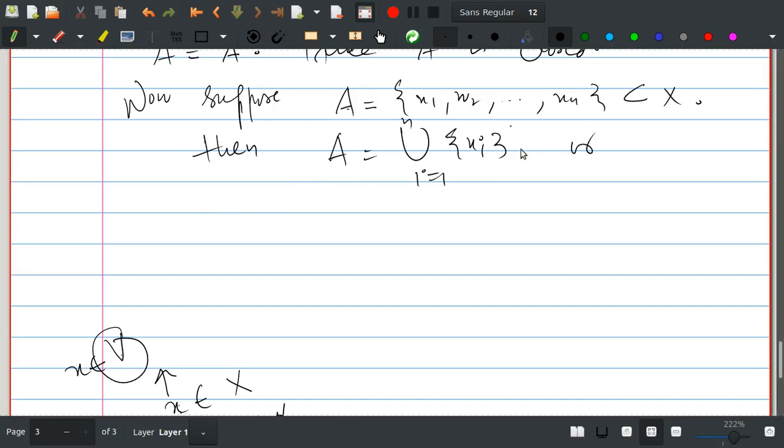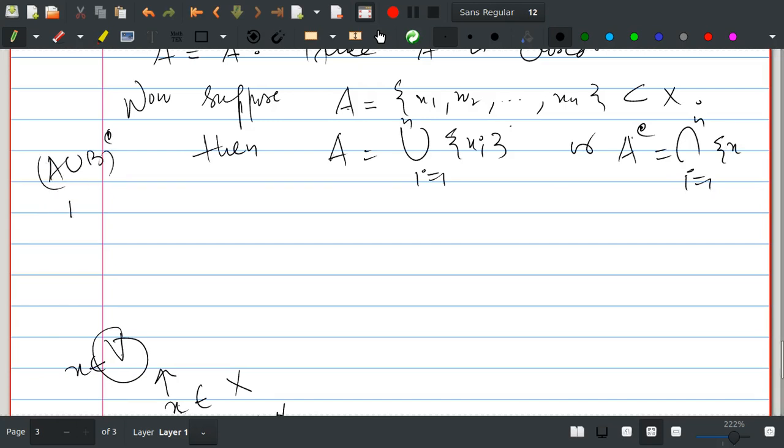Or we can write A complement, using De Morgan's law, because the complement of A union B is A complement intersection B complement, so this is going to be the intersection of the complements of the singletons.